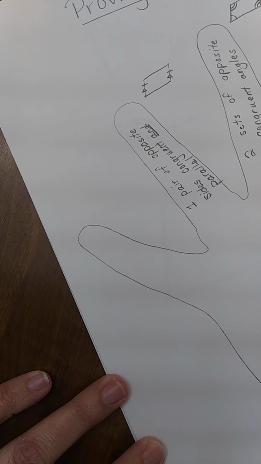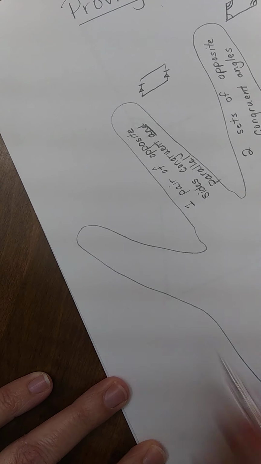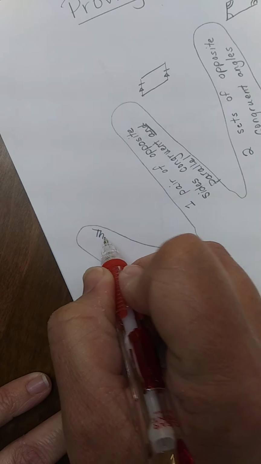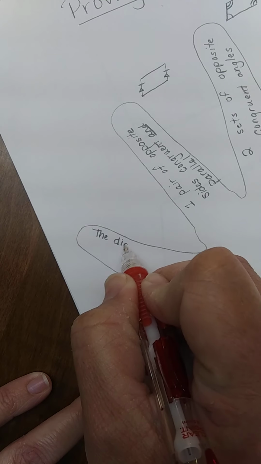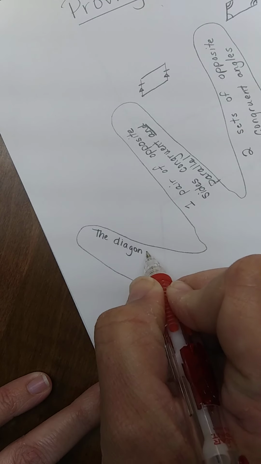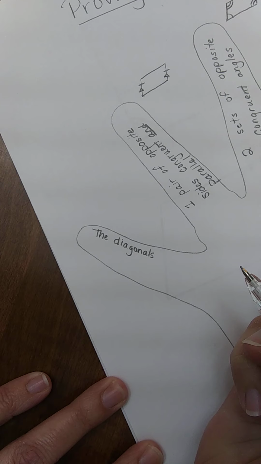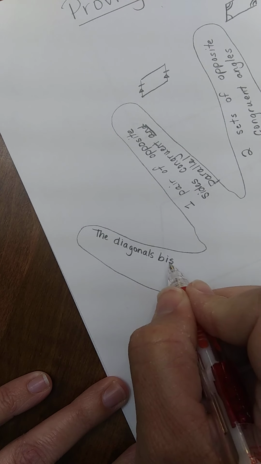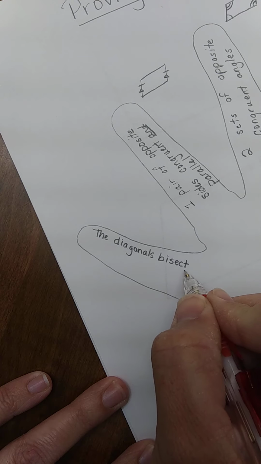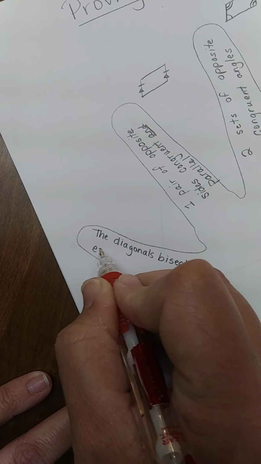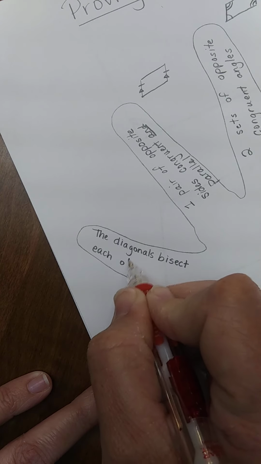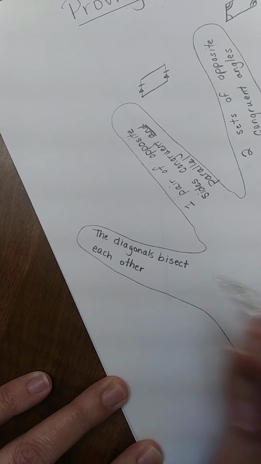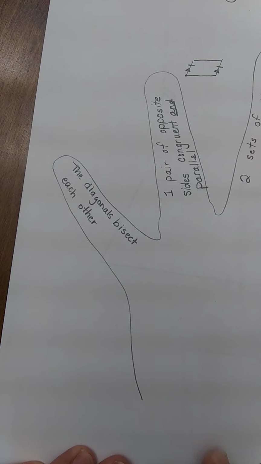It will be a parallelogram if the diagonals, remember that means it goes from one vertex to another, but it can't be the side of the shape, if the diagonals bisect, that means cut in half, each other. So the diagonals have to bisect each other.